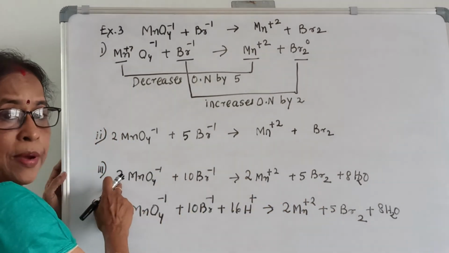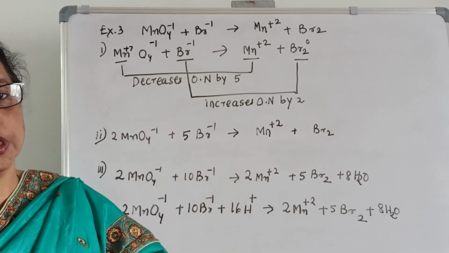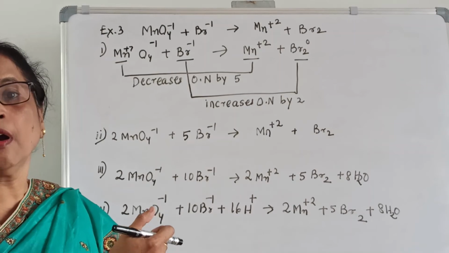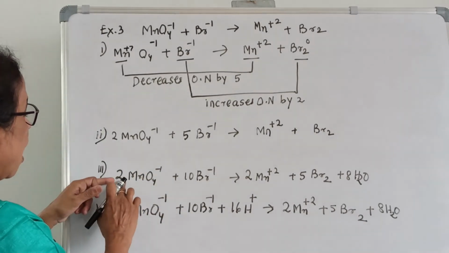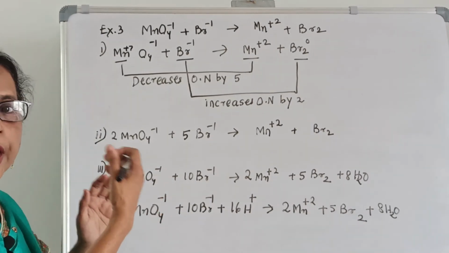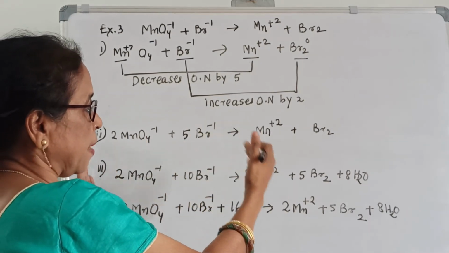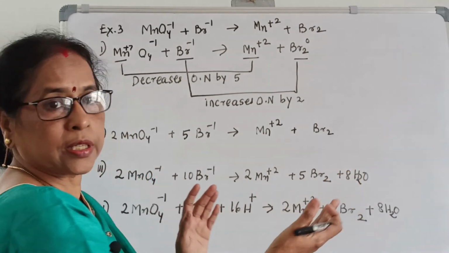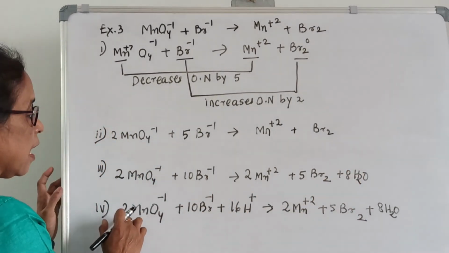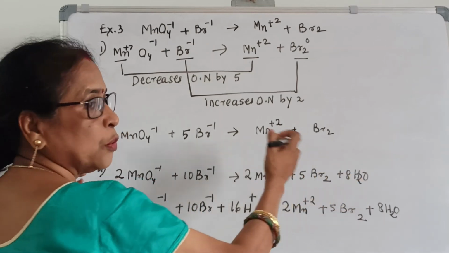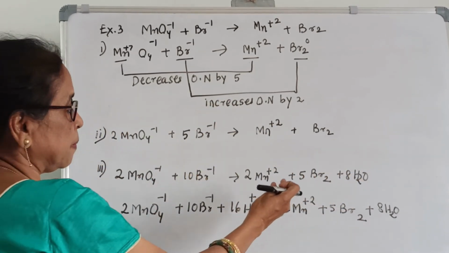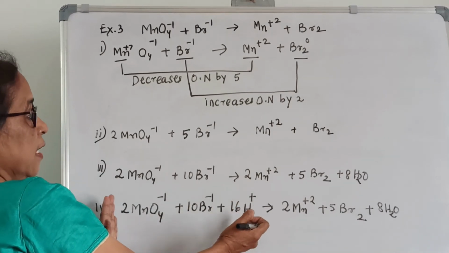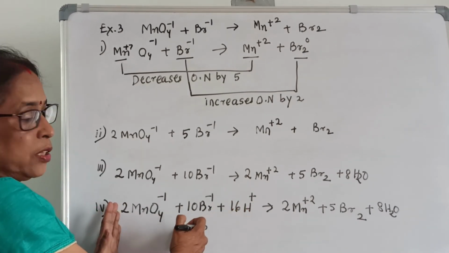But here how many oxygen atoms? How can you balance oxygen atoms? By water molecule on the opposite side where there is a deficiency of oxygen. Now here how many oxygen? 8 oxygen. So 8 oxygen should be balanced on the other side by 8 water, because 8 water contains 8 oxygen, and lastly this 8 into 2 is 16 hydrogen, that is balanced because you add here 16 H plus, as there is a deficiency of hydrogen on the reactant side.